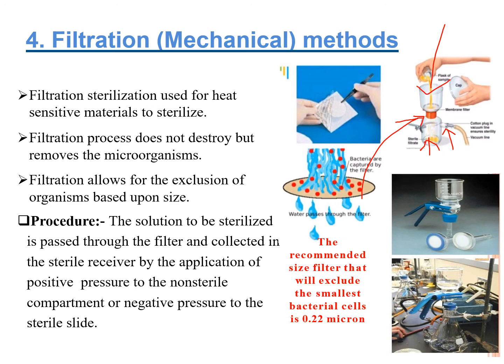So the liquid flows from the upper chamber to the lower chamber towards the negative pressure, and thereby whatever material you want to filter gets sterilized. Usually this entire assembly is autoclavable, so you can autoclave the entire assembly and use it for sterilizing liquids which are heat sensitive. So this is the procedure.